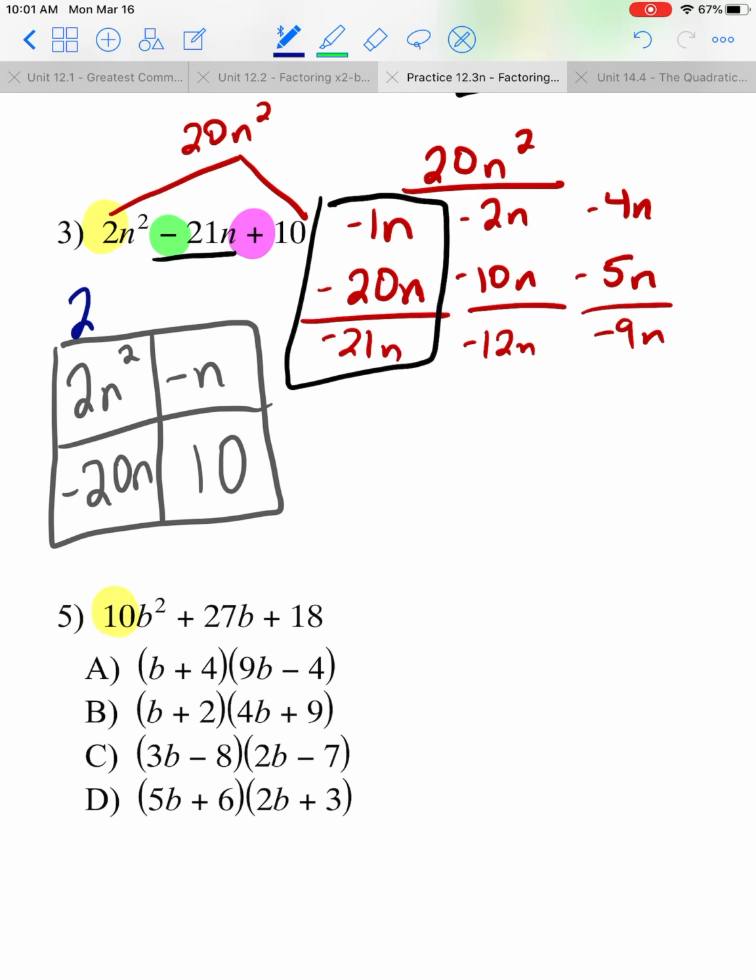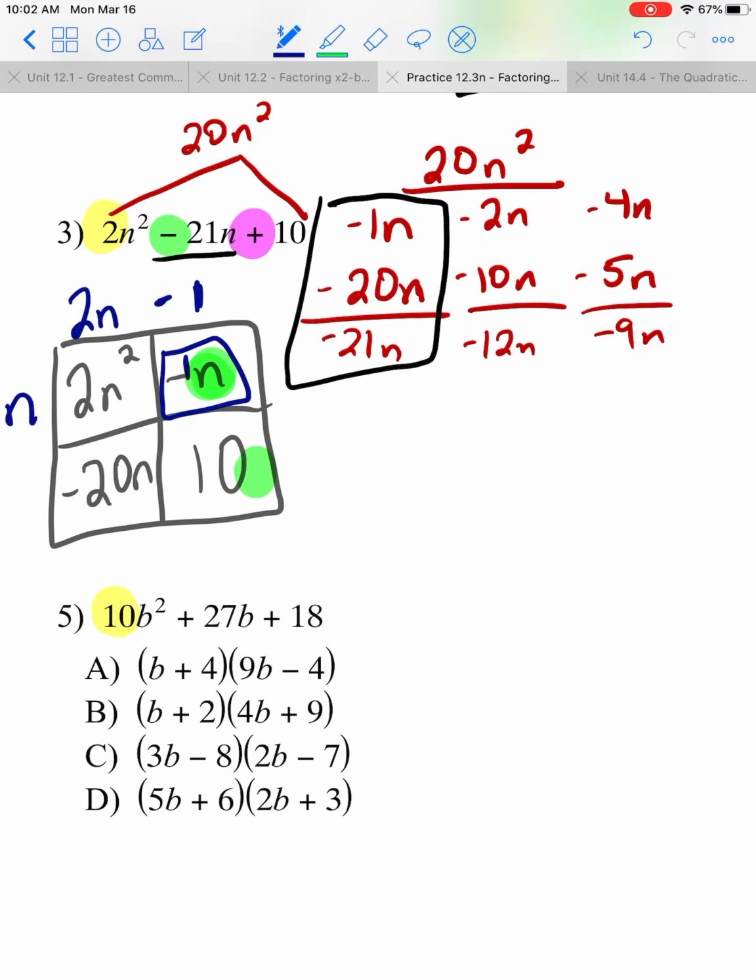I have 2n squared and n is going to be an n, and I'm touching a positive box, so it'll stay positive. I have a negative 1n and 10. The greatest common factor of 1 and 10 is 1. I don't have a variable in both of these, so that can't be in common, so I'm going to have a 1, and I'm touching a negative box here, so it'd be 2n minus 1. Now I'm going to go my other way. 2n squared and negative n is just going to be n.